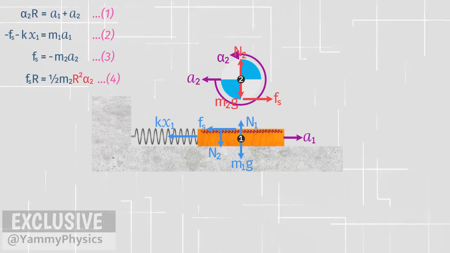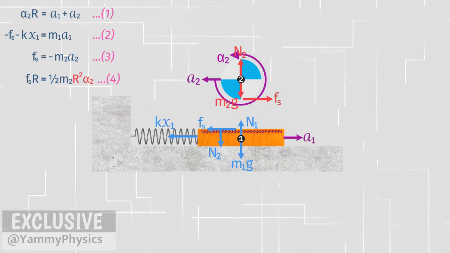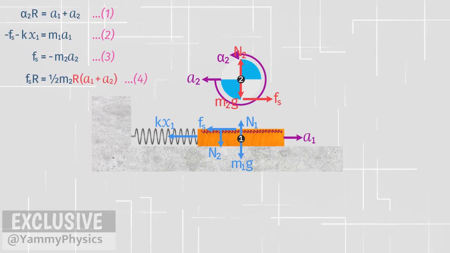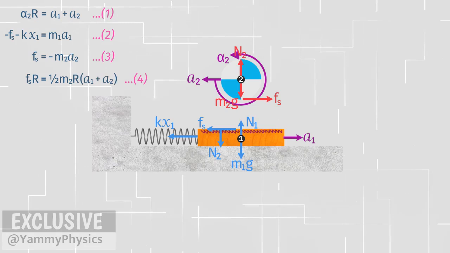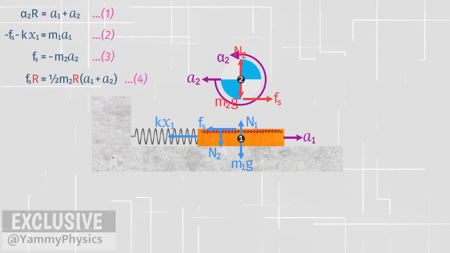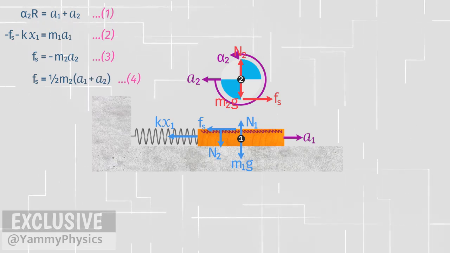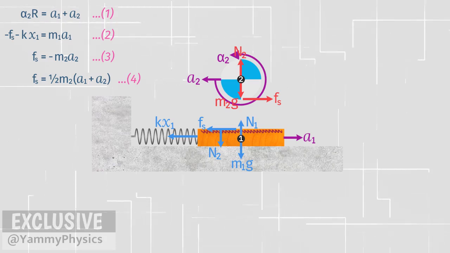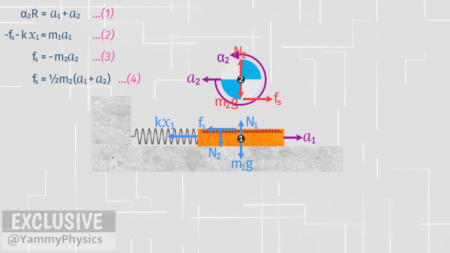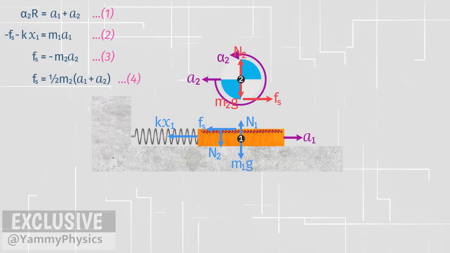The equation that contains the value of alpha is equation 4. We can write equation 4 like this. We can cross out the quantity r on both sides. From here, Fs is equal to half m2 multiplied by a1 plus a2.